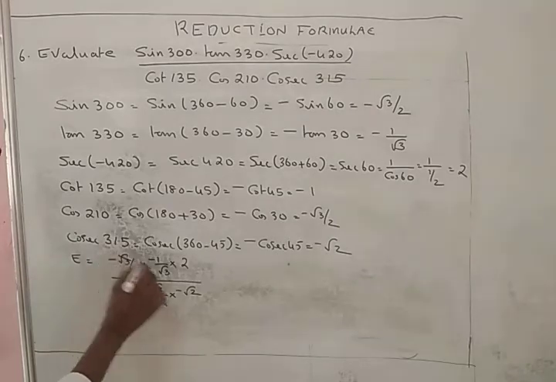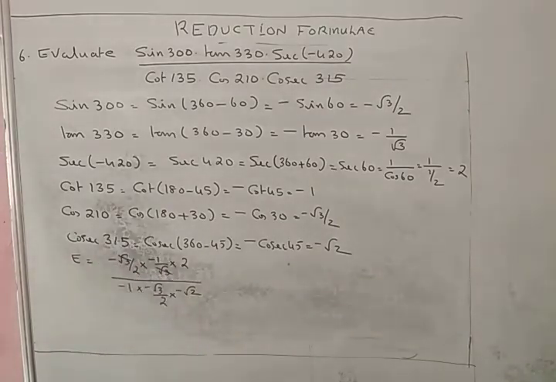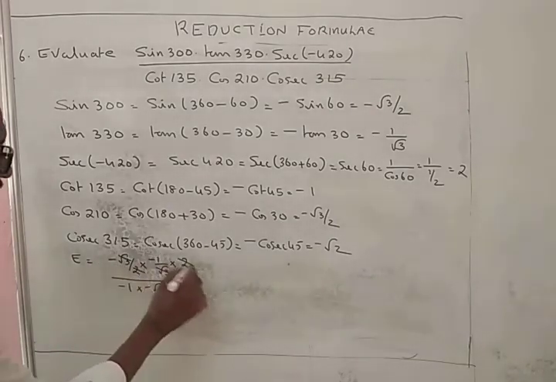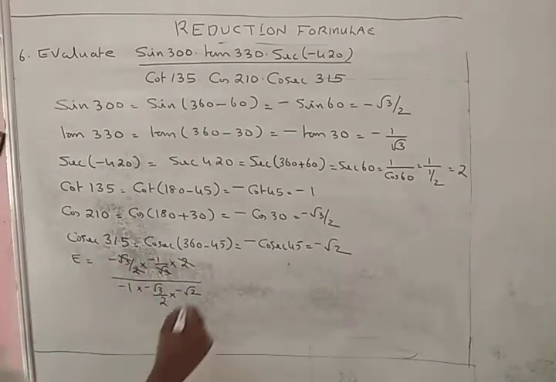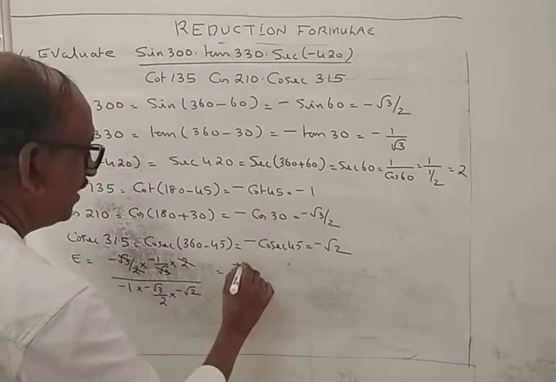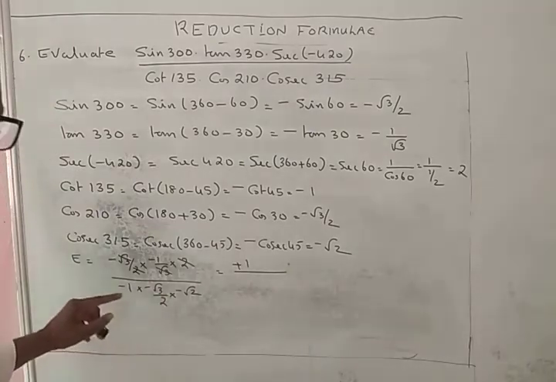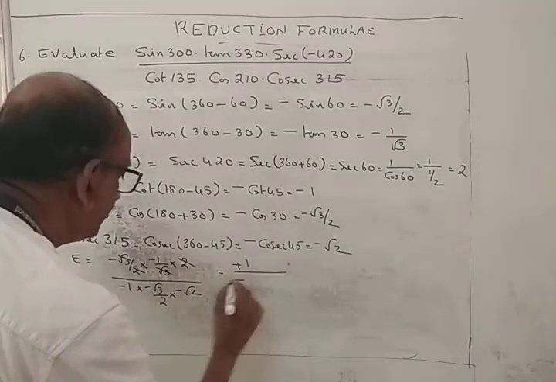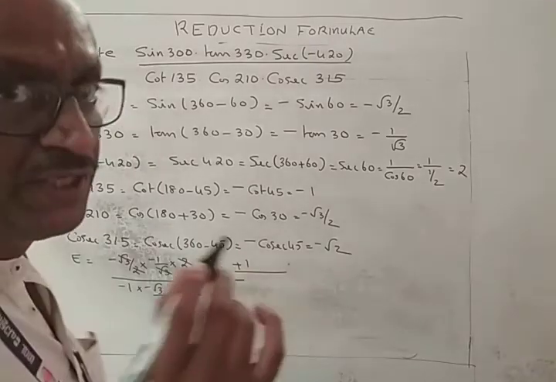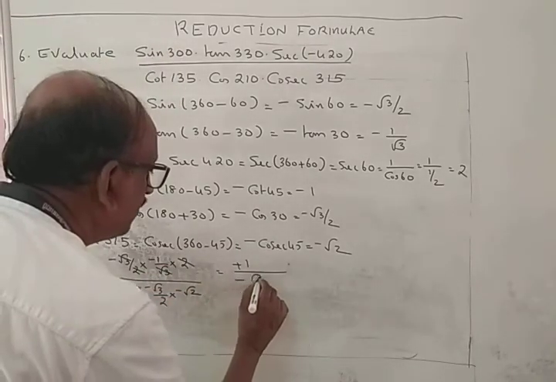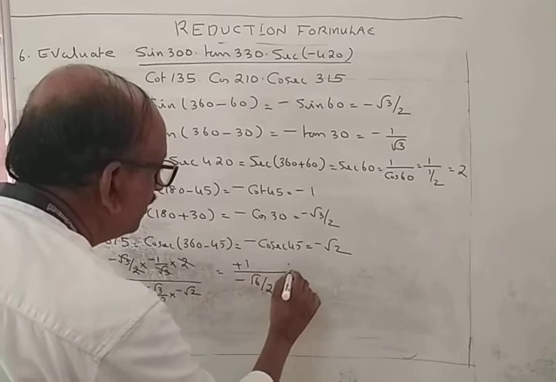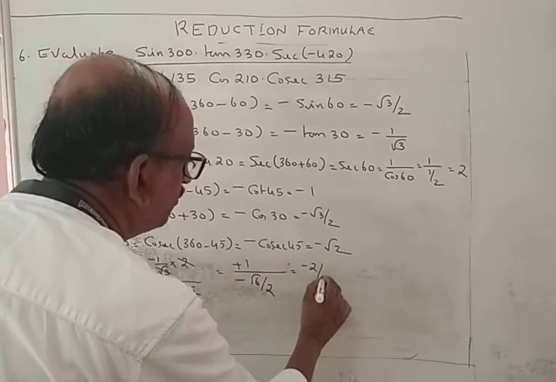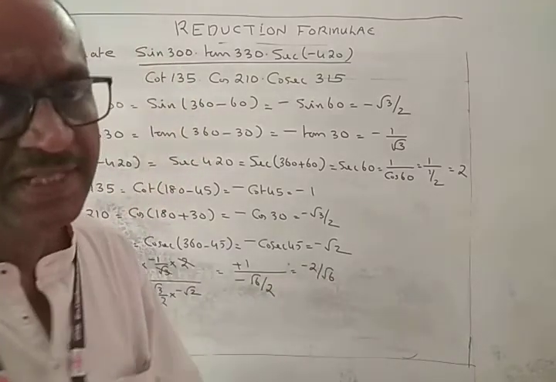Here root 3 got cancelled. 2 got cancelled. Minus minus plus. Plus 1 divided by, here 3 minuses, 3 minus is minus. Minus root 3 into root 2 is root 6 by 2, which is equal to minus 2 by root 6. This is the answer.